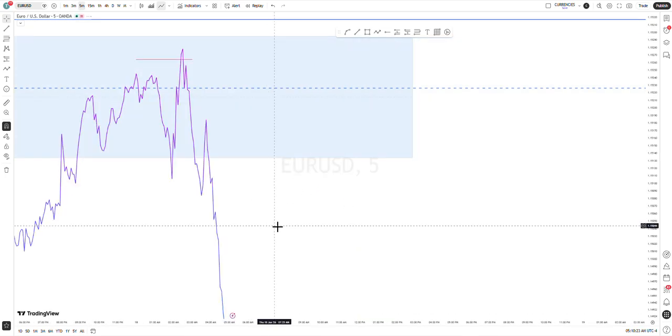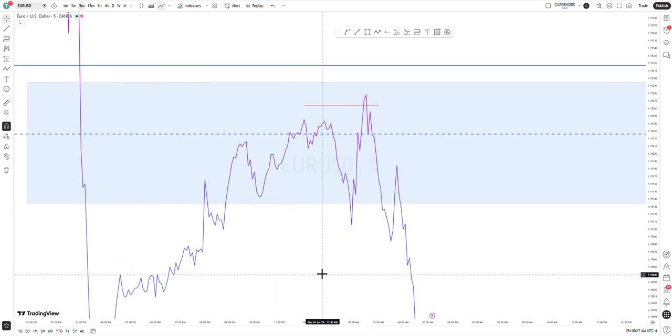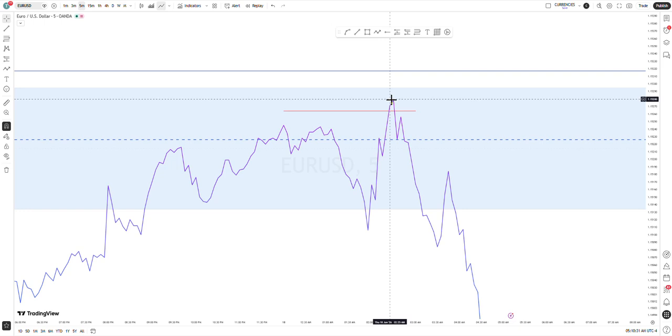our line chart, and you can see here on our line chart, from this peak was our last V shape that was broken. Our last V shape that was broken was this one.